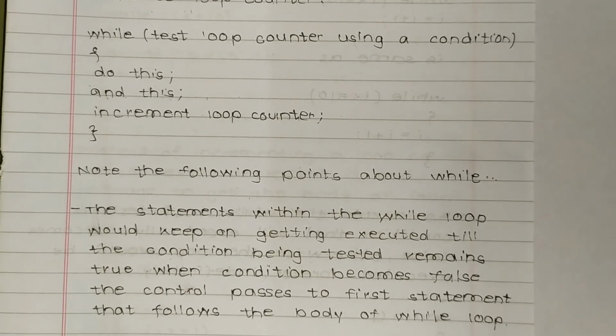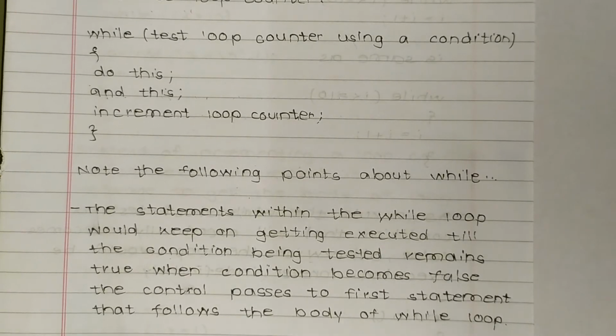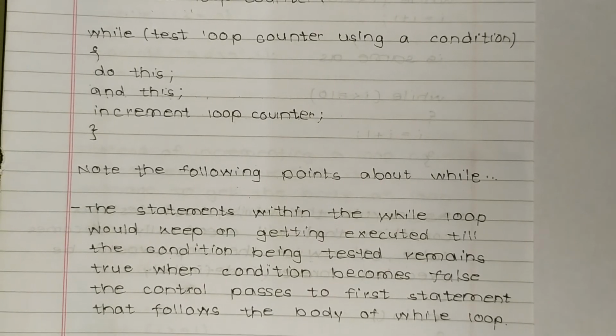So this is basically the format of using a while loop. First we give a condition up to which we want to calculate, then do this and increment the loop counter. That means we perform some task and then increment the counter.